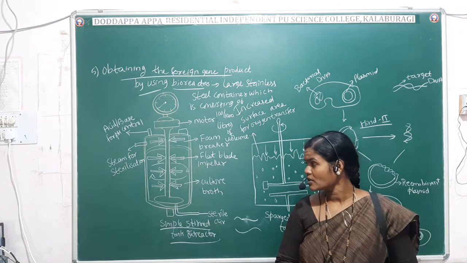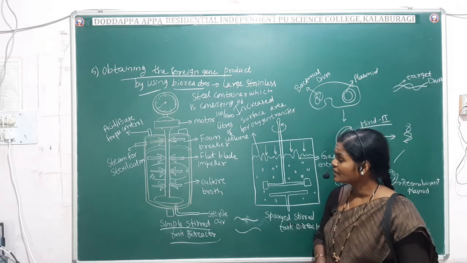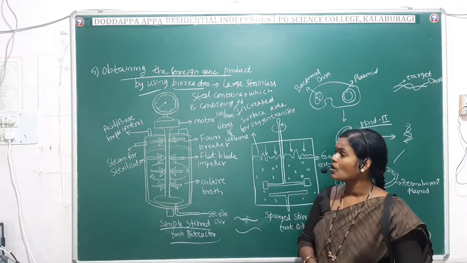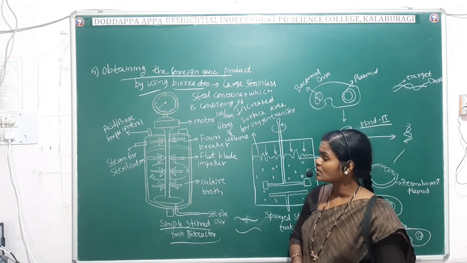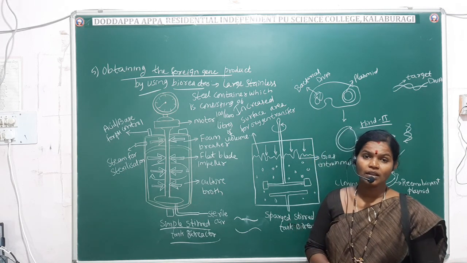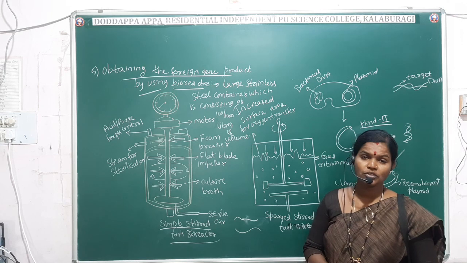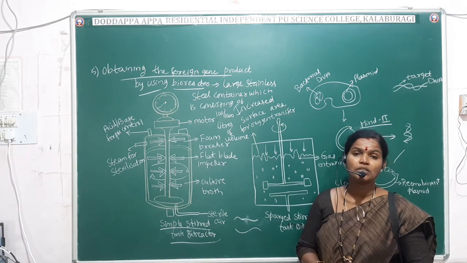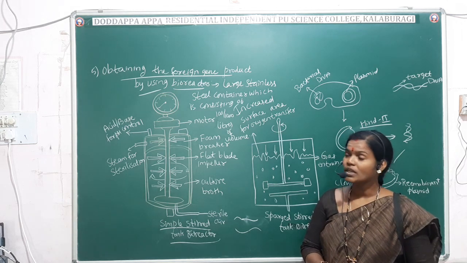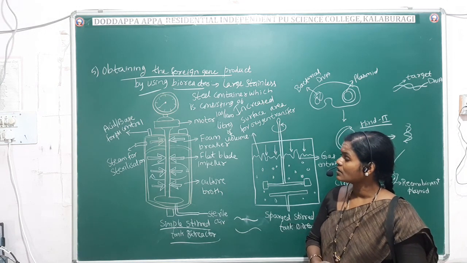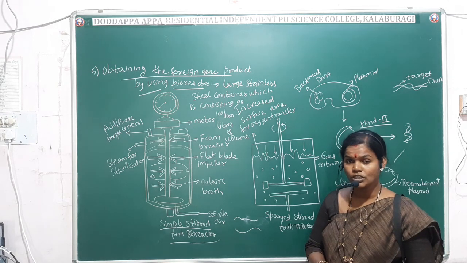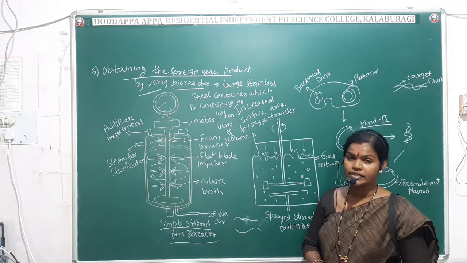Now, if you see the parts of the bioreactor, it is a cylindrical shaped structure having a culture broth, a motor, and also a flat blade impeller for mixing the culture, that means the content produced in the bioreactor. These are utilized to synthesize products in a larger amount, especially in pharmaceutical industries.